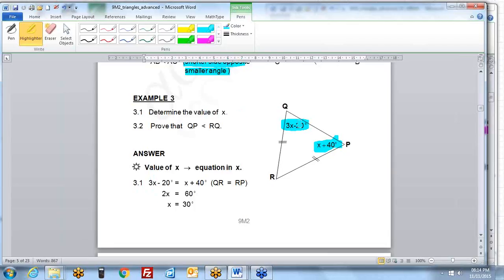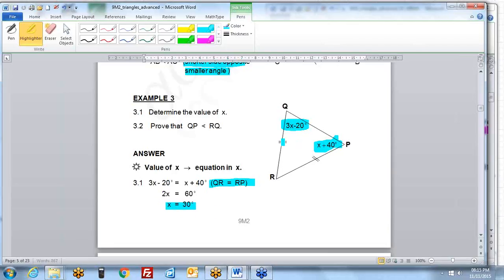Firstly, in order to determine the value of x, we know that angle Q is equal to angle P because QR is equal to RP. So this is how you would write it out: 3x minus 20, that angle Q there, equals x plus 40 degrees, this angle there. Your reason: QR is equal to RP. X is on the left. Divide by 2 and you get x equals 30.